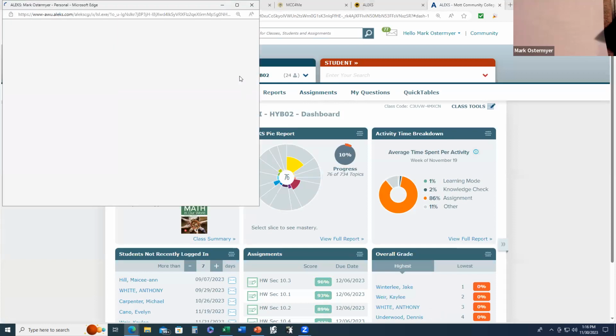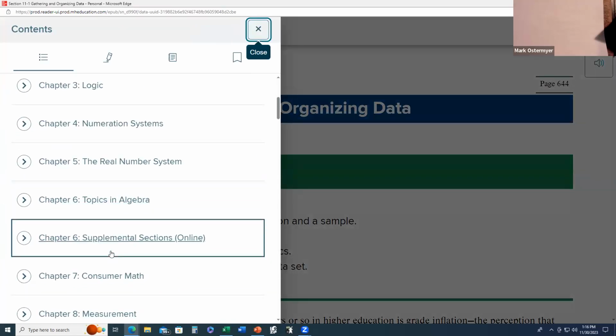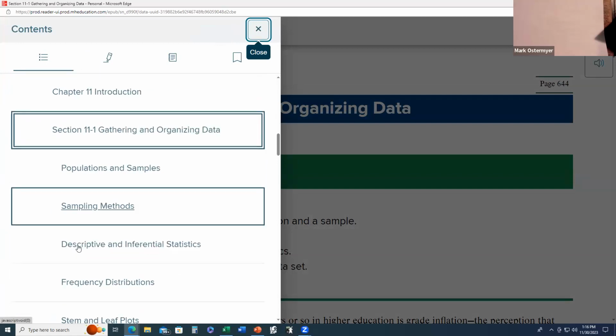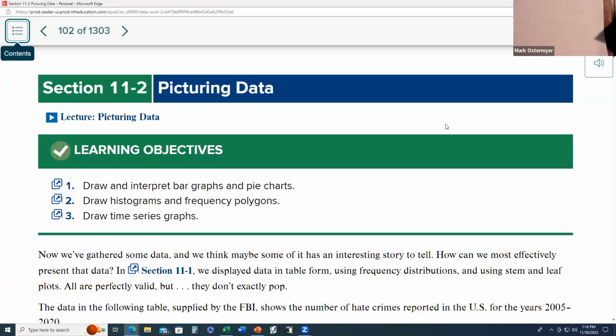All right, so we're going to be hanging out in 11.2 today. This section is entitled Picturing Data.